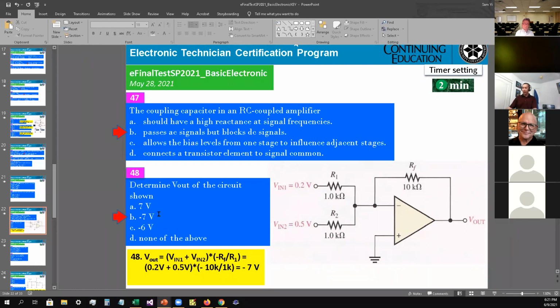Wasn't that the one that was in the handout? It's like a summing type thing, right? Yeah, pretty close, exactly.